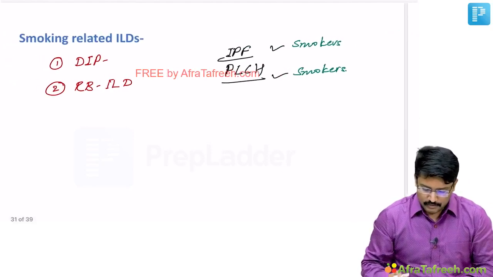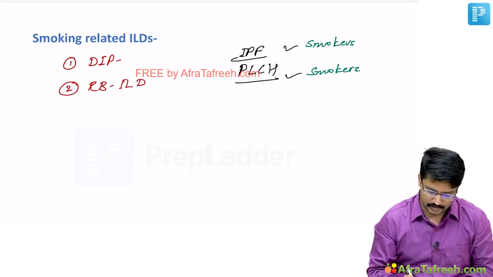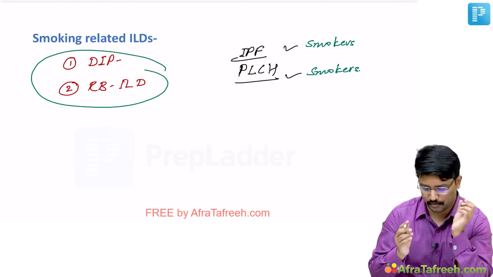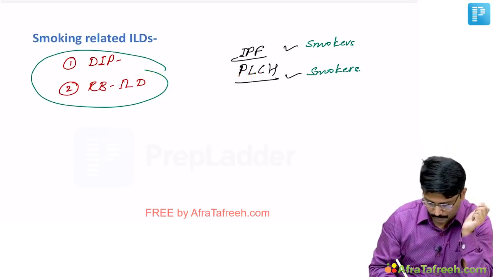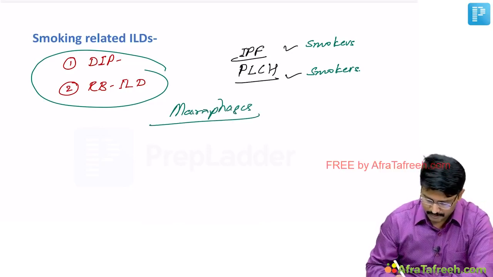Okay. So let us look into these two interstitial lung diseases, which we call smoking related ILDs. Both have a similar histological signature or hallmark, that is, macrophages which are loaded with brown pigment.